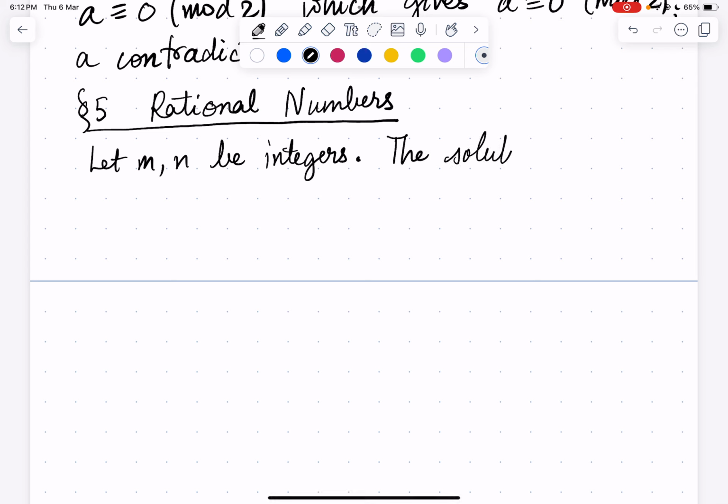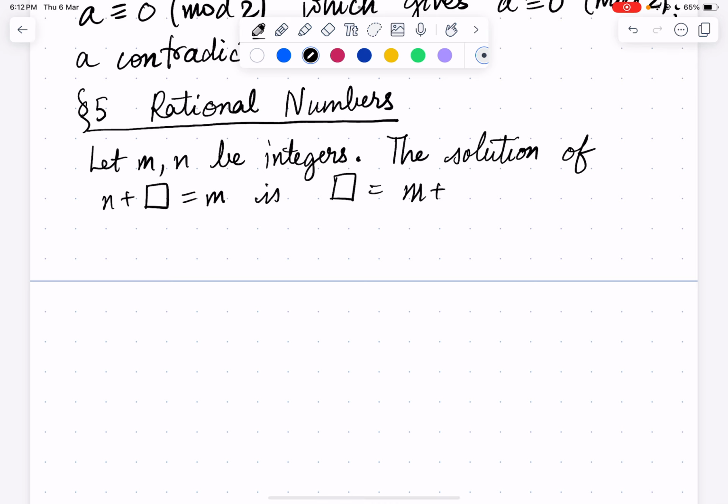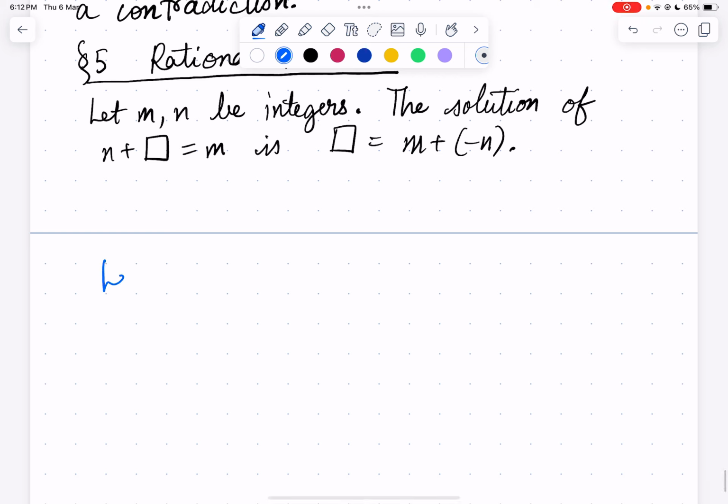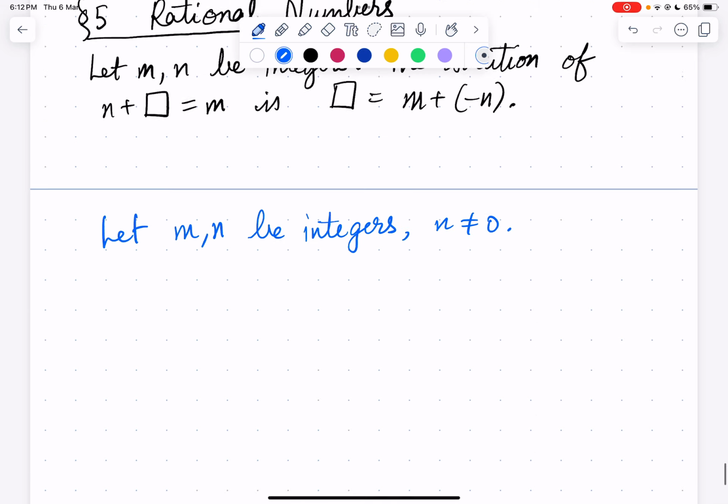The solution of n plus box equals m is box equals m minus n. So we can ask, let m, n be integers, n not equal to 0.